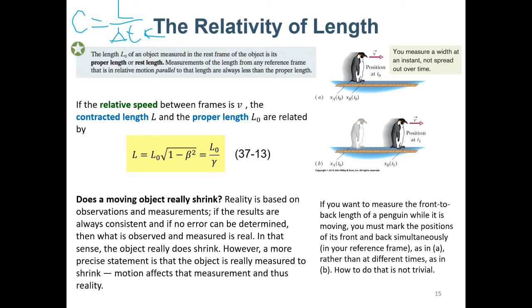For this case, as the time is delayed, we have delta t equals delta t0 over the square root of 1 minus beta squared. So we can expect that the length should be contracted. So it would equal L0 multiplied by the square root of 1 minus beta squared, or L0 over gamma.